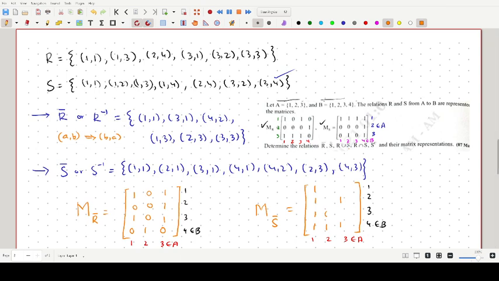Okay, and the rest of the elements in this particular matrix are zeros, and that completes the answer for the R inverse and S inverse.